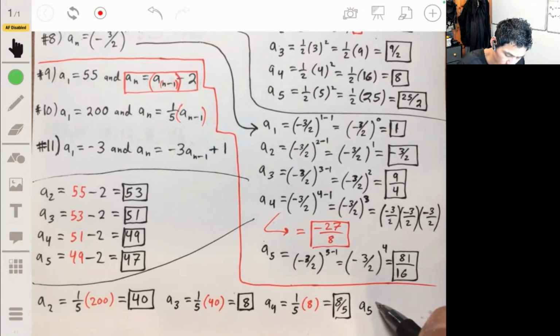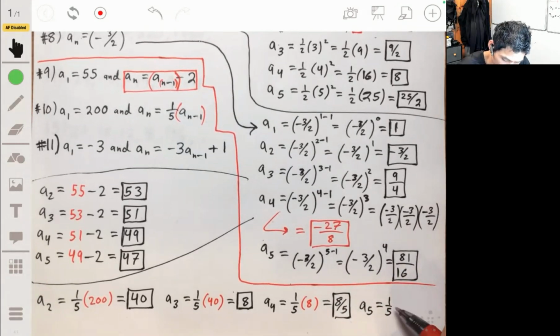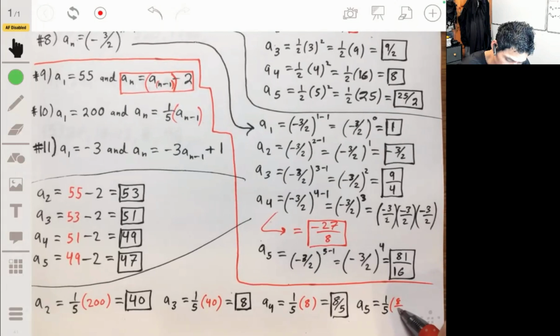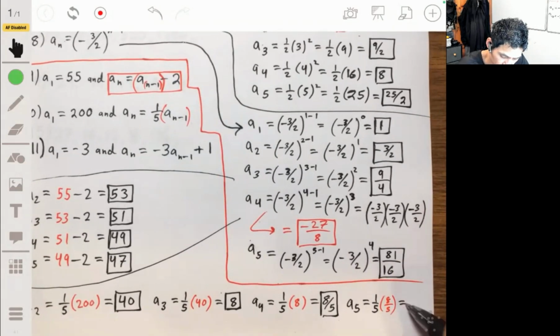And to find A5, we multiply A4, which is 8/5, by 1/5, and we get 8/25.